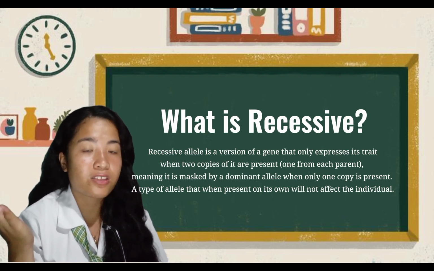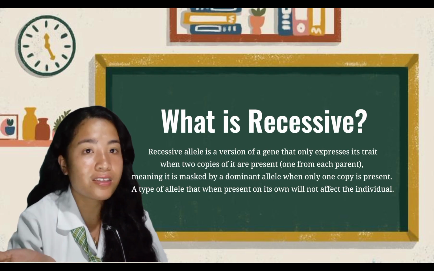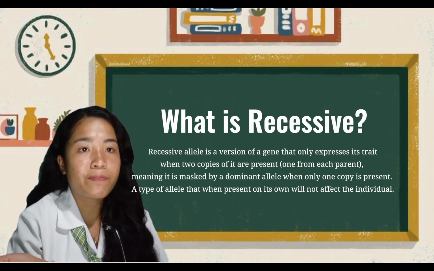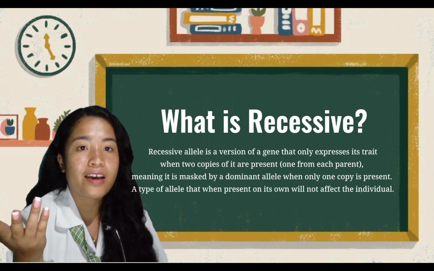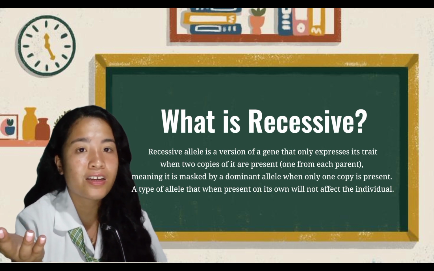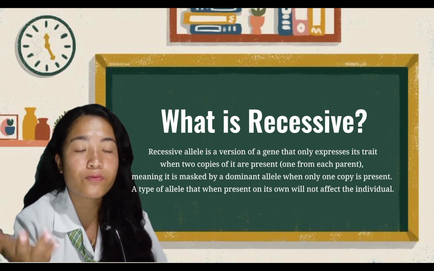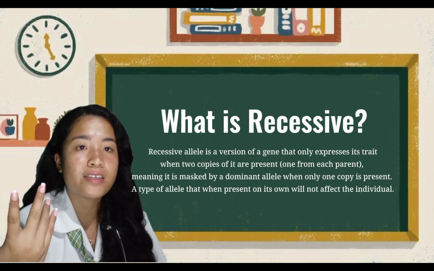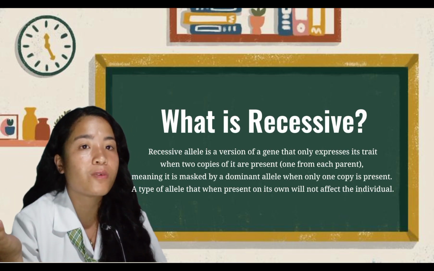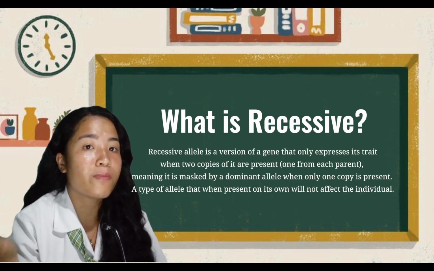If big letter A is dominant and small letter a is recessive, for example, the mother has recessive alleles. Both of them are recessive for the hair, for example, black hair, and the father has blonde hair, which is the dominant one, the letter A, the dominant allele.